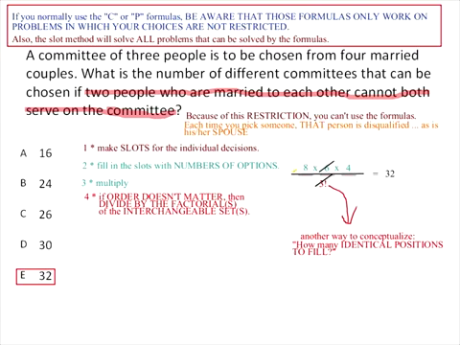I see a couple of people are typing. The question is, is there another way? There are other ways, but the other ways are all much, much more complicated. It can be done.